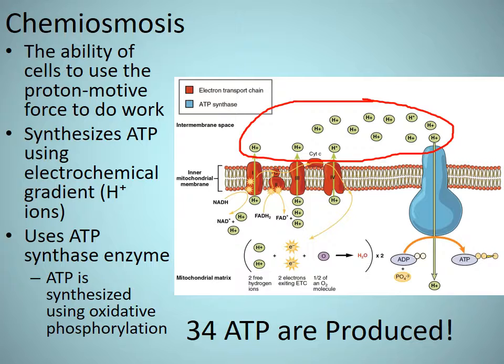Essentially, the hydrogen ions that were pumped into the intermembrane space as a result of the electron transport chain, or oxidative phosphorylation, will move down the gradient, through the ATP synthase. As they work their way through the ATP synthase, it will actually reform ATP.